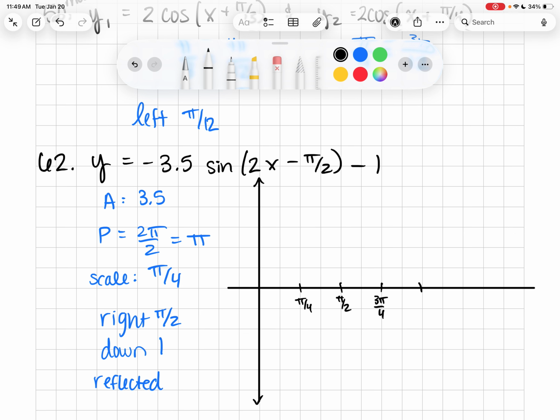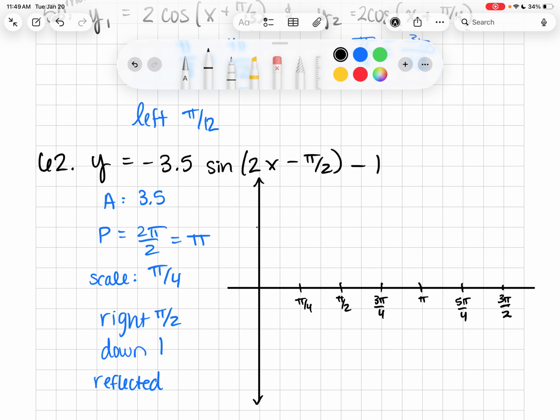So past pi, that would be 5 pi over 4, and then 6 pi over 4, which would be 3 pi over 2, would be my next thing there. So this is also where the counting that we do with our unit circle can be a little bit helpful as far as that goes. And then I'm going to put the values up here.